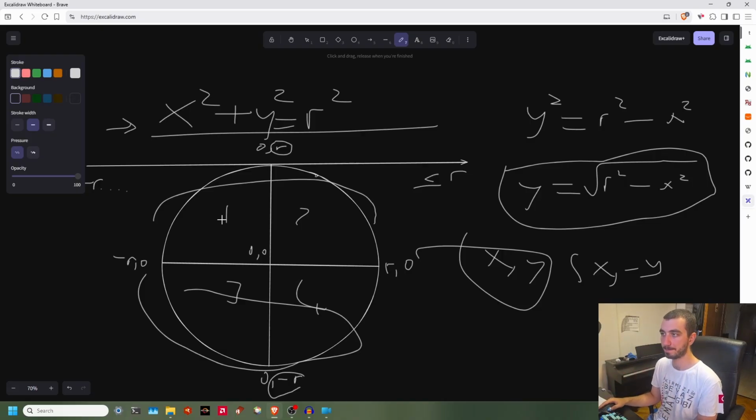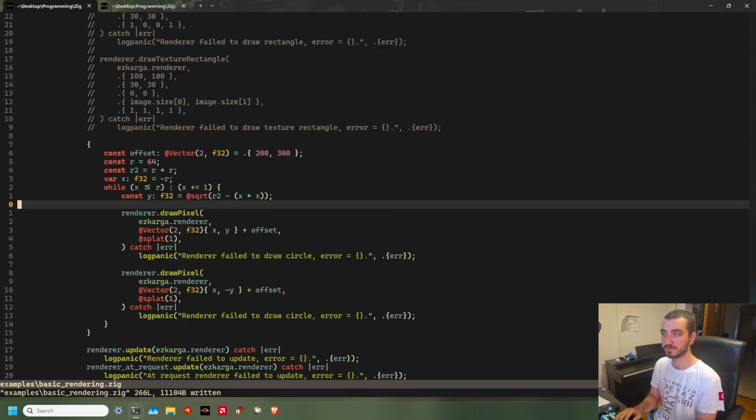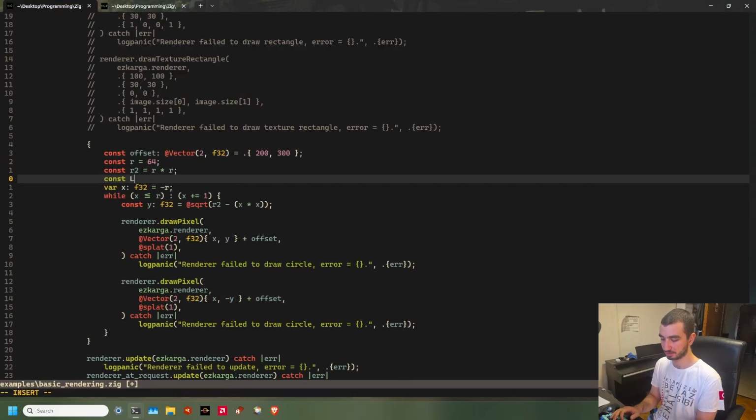So let's do it, right? Okay, let's do it. So we're going to be first getting one portion and drawing one portion. To do that, we basically multiply the radius with the cosine of pi divided by 4. Right?